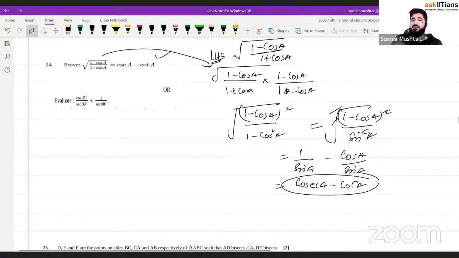If you want to make it more understandable, write here that you are rationalizing the denominator. After that you get this, after that this, and this is your right hand side. And at the end you can say hence proved, whatever was asked. Fine, this is the way you proceed for the question.